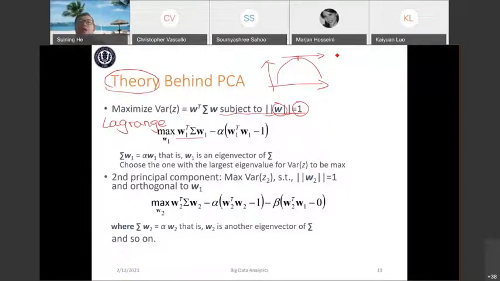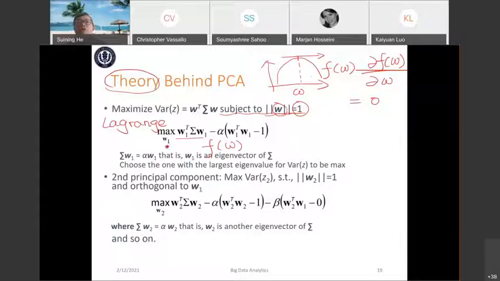So if we describe the function f of omega, and we would like to find a certain point omega so that the value of f of omega is maximum, then we take the derivative with respect to omega and make it 0.